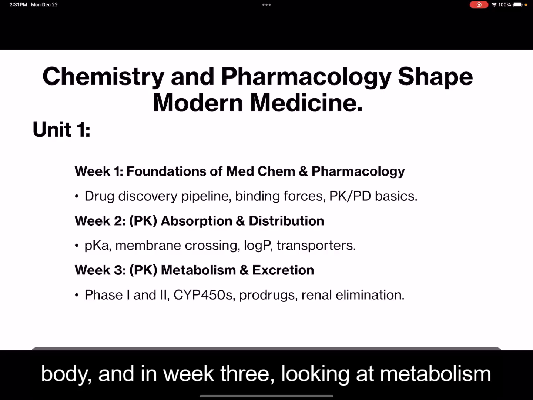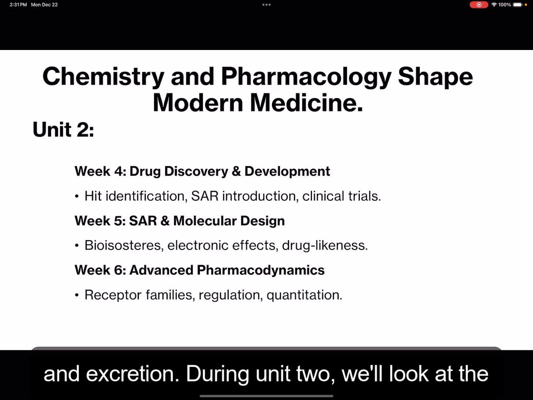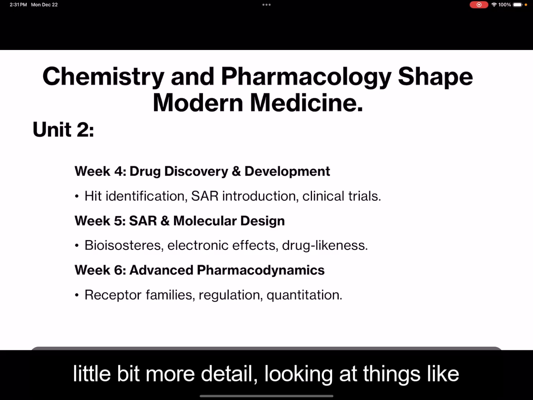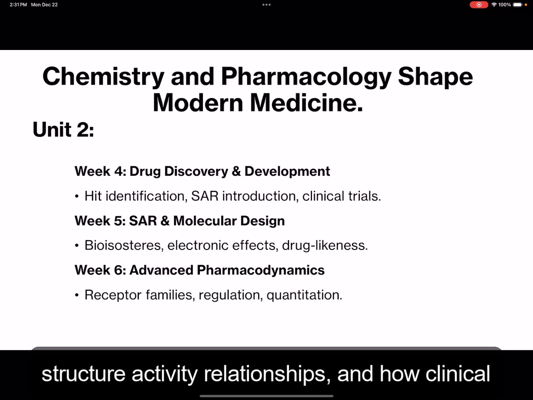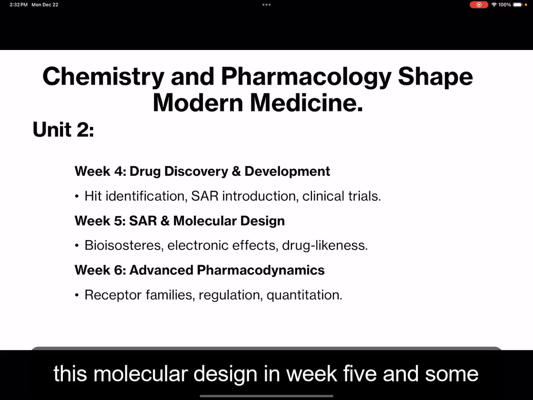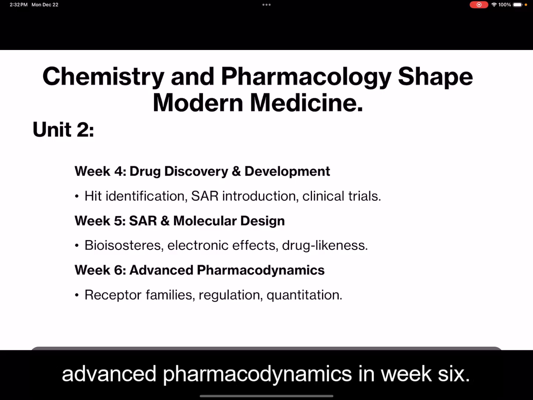And in week 3, looking at metabolism and excretion. During unit 2, we'll look at the drug discovery and development process in a little bit more detail, looking at things like structure-activity relationship and how clinical trials are actually run. And we'll look at more of this molecular design in week 5 and some advanced pharmacodynamics in week 6.